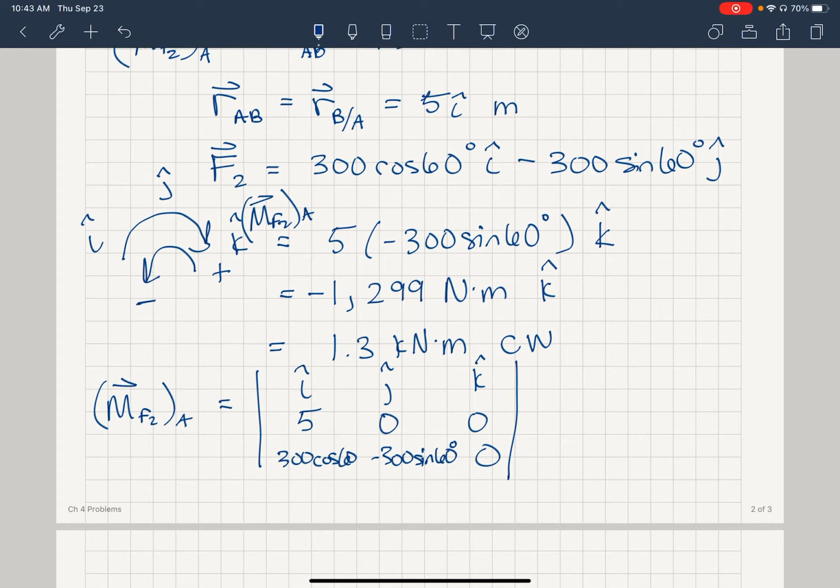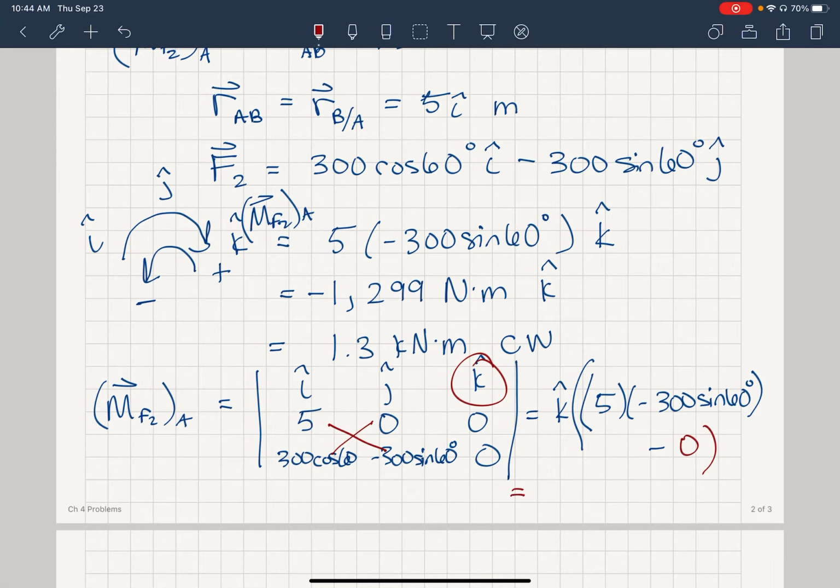For that one, we have I times 0 minus 0 times that. So that's just 0, minus J of 5 times 0, or minus 0 times that, which is 0 again. And then plus K times 5 times negative 300 sine of 60 degrees, minus 0 times something, so 0.